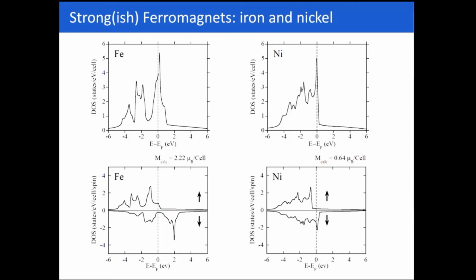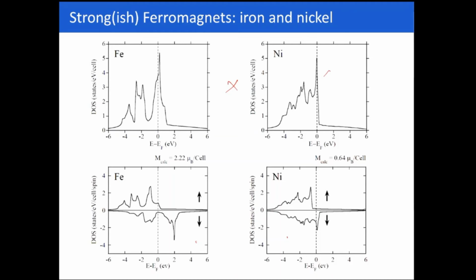So iron and nickel are strong-ish ferromagnets, meaning that when the metals go into the ferromagnetic state, the band structure changes quite a bit, and that's illustrated here. These are some pictures from, I think, Stephen Blundell's book, where you've got the density of states against energy for the paramagnets at the top and the ferromagnets at the bottom.